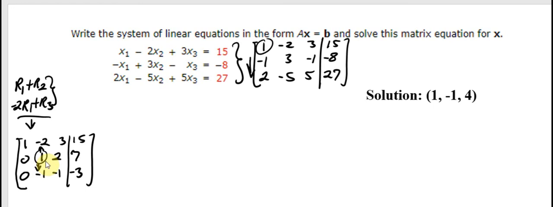So to do that, we'll say 2 times row 2 plus row 1, and then just add row 2 to row 3.